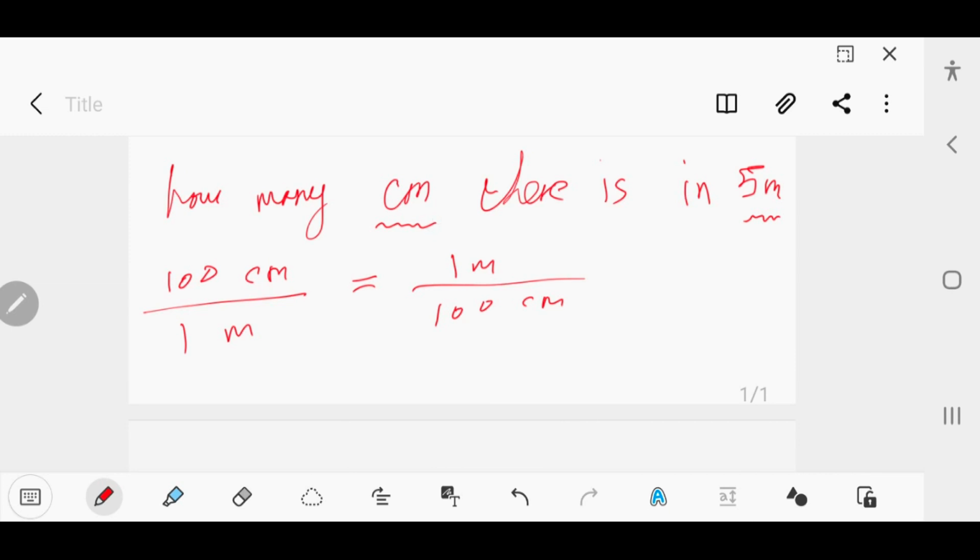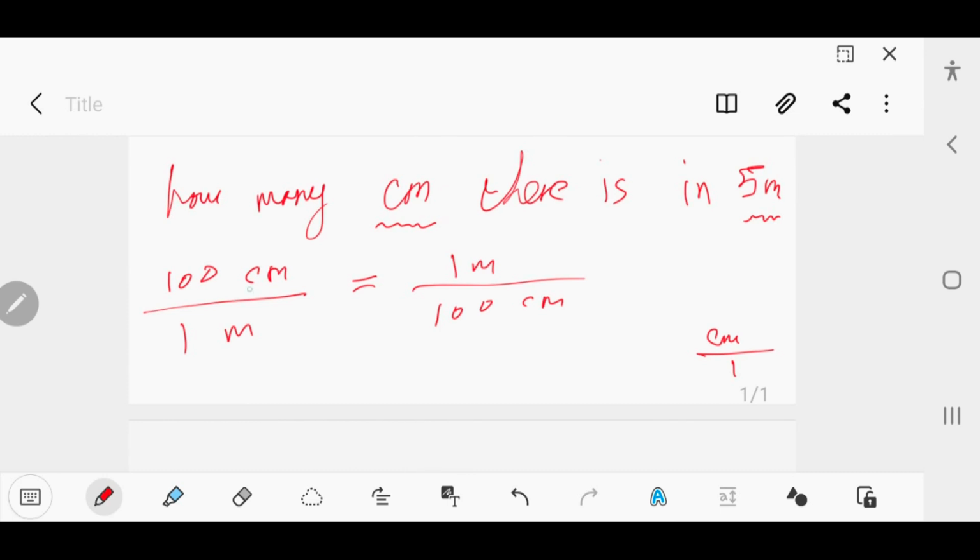You have to know that if the question asks about centimeter, then centimeter must be in the numerator of the ratio. So centimeter is the numerator, and we should choose the conversion factor where the centimeter is in the numerator. And the given unit, the given quantity, must be the denominator.